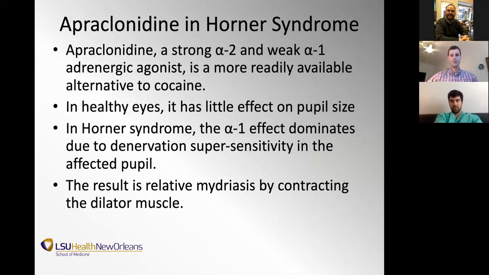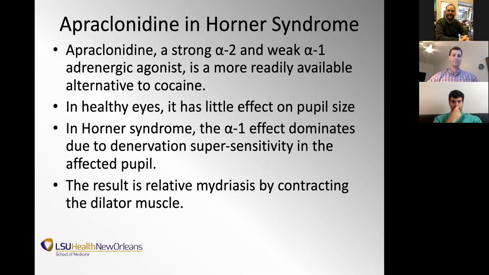And so the other test is an apraclonidine test, which mechanistically is a strong alpha-2 and a weak alpha-1 adrenergic agonist. It's a more readily available alternative to cocaine, but it could be contraindicated in certain patients, like young pediatric patients, because it can cause CNS depression and respiratory depression.